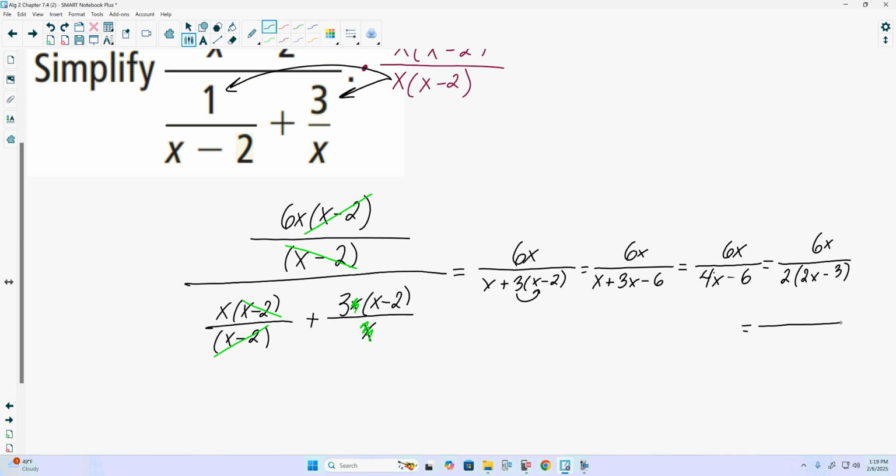The 6 will reduce to 3, and the 2 is going to reduce to 1. It's not always going to reduce, but if it can reduce, we need to, because it's not considered simplified or in simplest form unless there is no greatest common factor between the top and bottom other than 1 or negative 1.